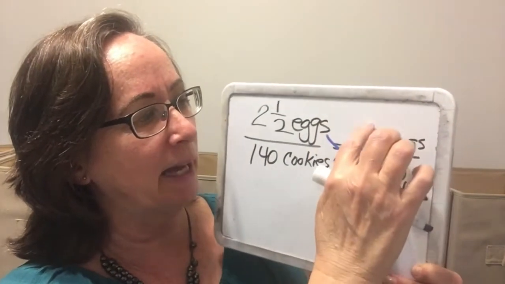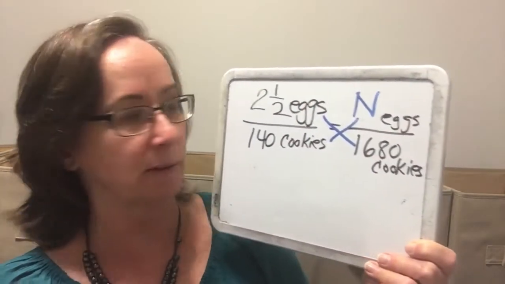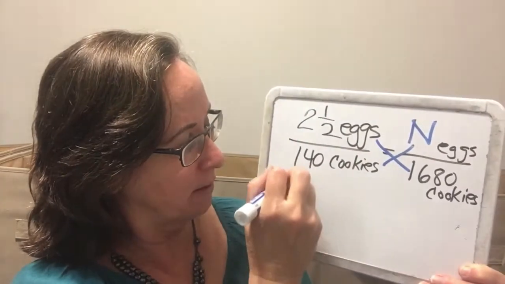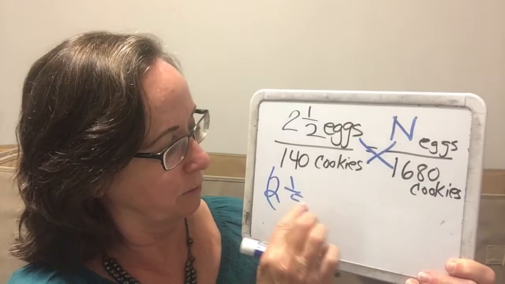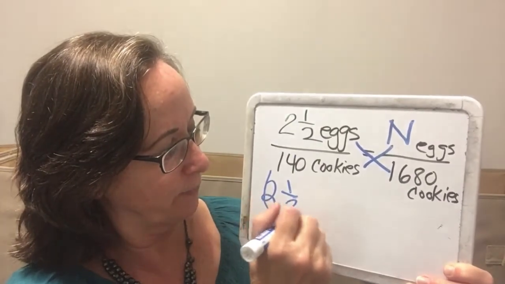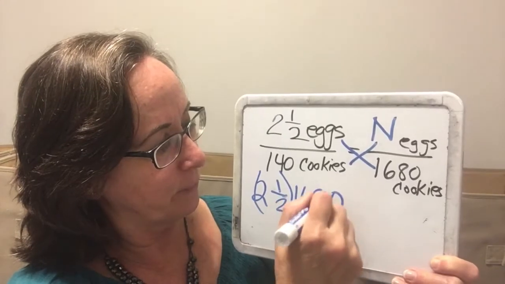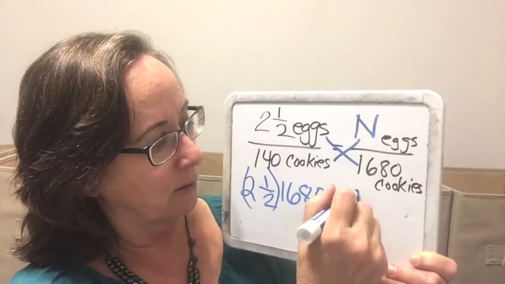I am going to go ahead and make this an N because I want a variable. Okay, so now we got 2.5 times, oops, that was supposed to be a 2,1,680 must equal N times 140.